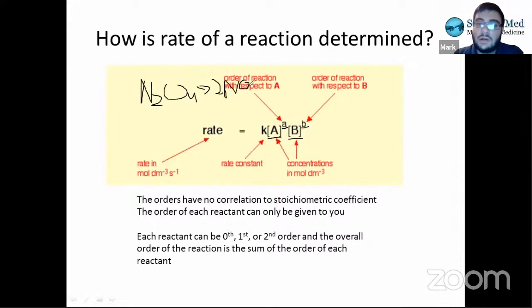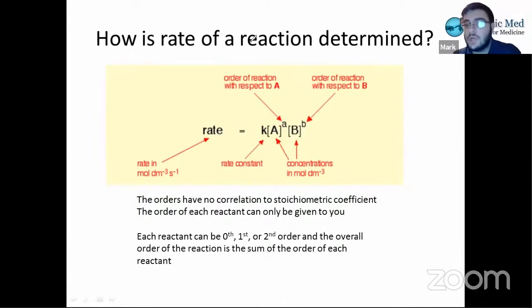When you're looking at the rate with respect to NO2, the lowercase a exponent would not have to be 2. It could be 2, but it doesn't have to be. It could be 1, 0, 2, or 3. We don't know. The only way to really know is if they tell us, or, as scientists find out, through experimental means. So the orders have no correlation to stoichiometric coefficients.